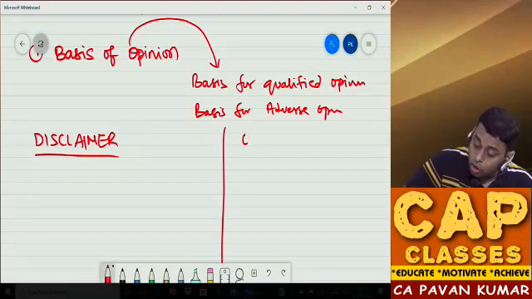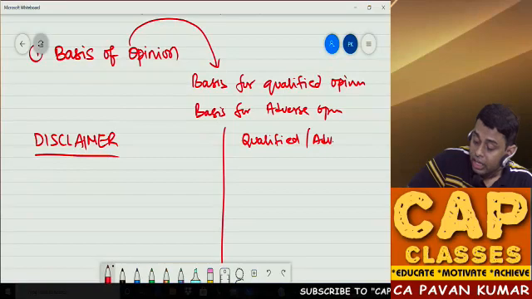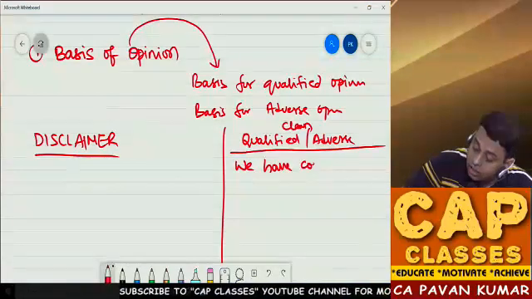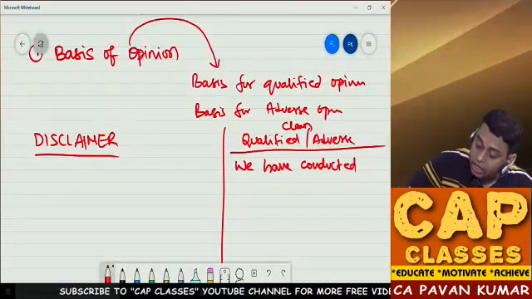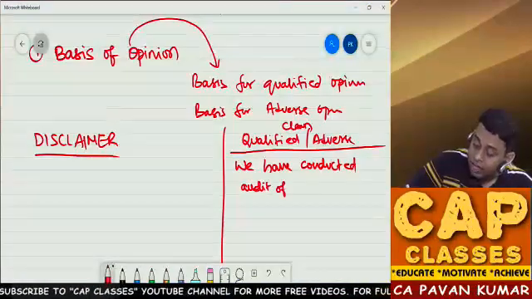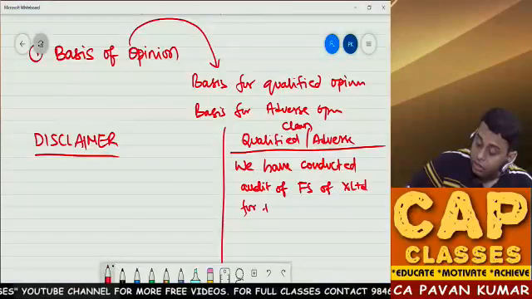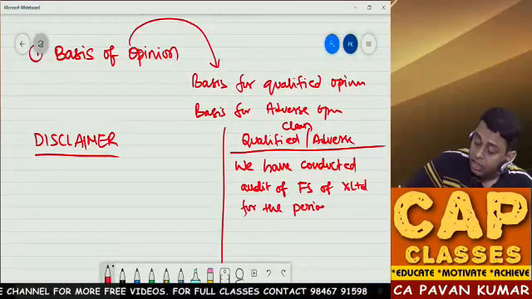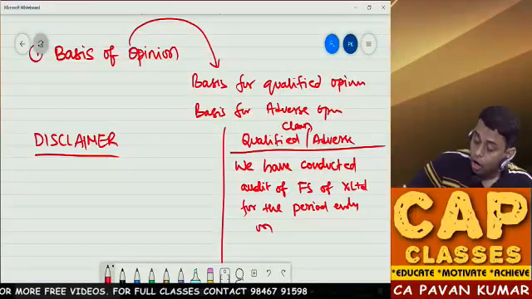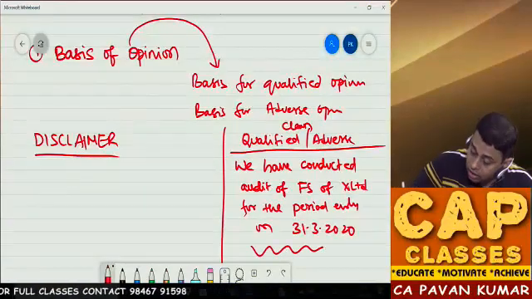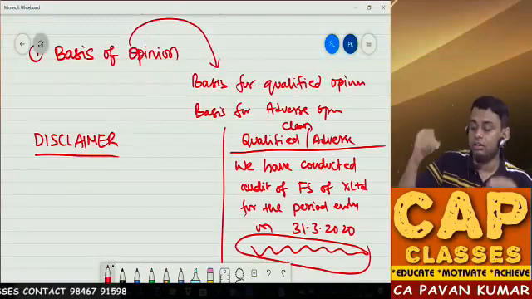Not an important point. And the wordings are very important when you are disclaiming. In qualified opinion, adverse opinion or clean report, you will say we have conducted audit of financial statements of X Limited for the period ending on 31/3/2020 and we give this opinion.